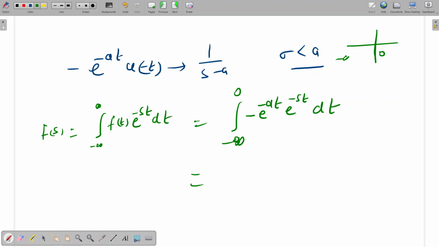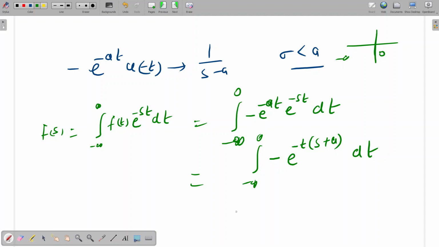Can anyone reply? Is there a change of definite integral rule, does anyone know? It is minus infinity to 0. If it were 0 to infinity, what should we do? Here it is e to the power at into e to the power minus st. So first I am going to write this only: minus infinity to 0, minus e to the power minus t, taking s minus a common, dt. Is it correct?